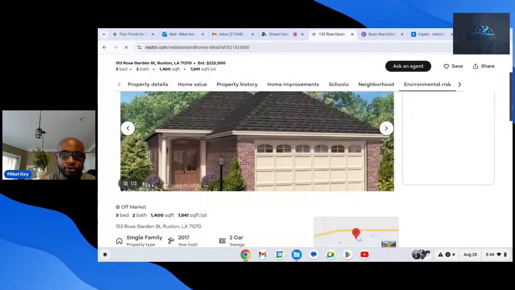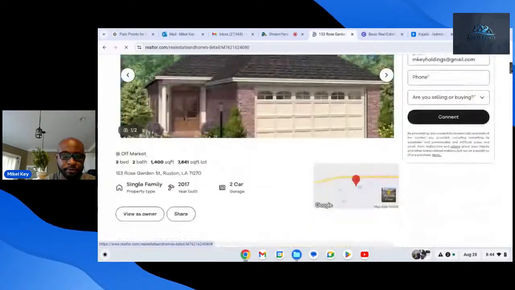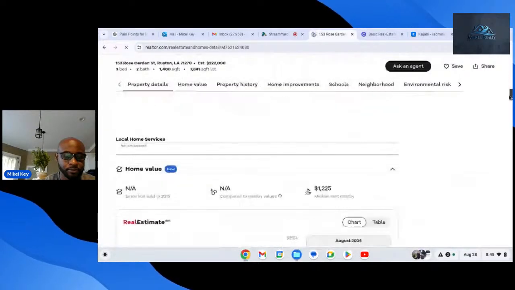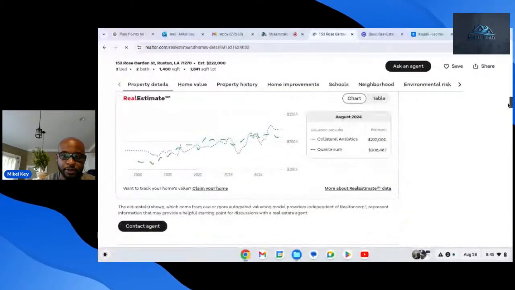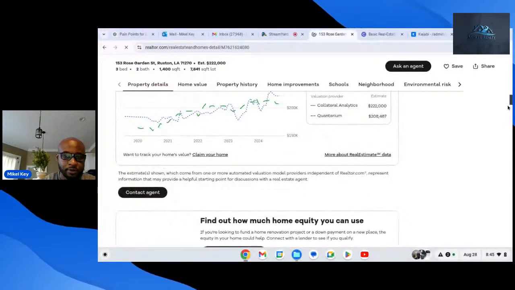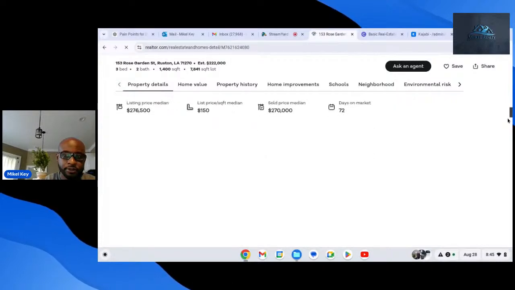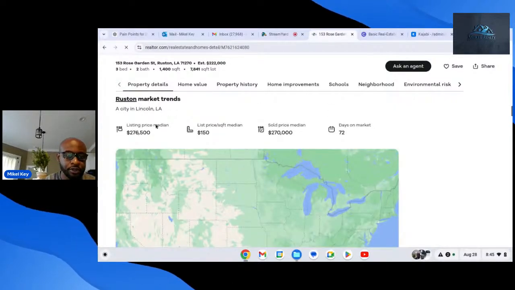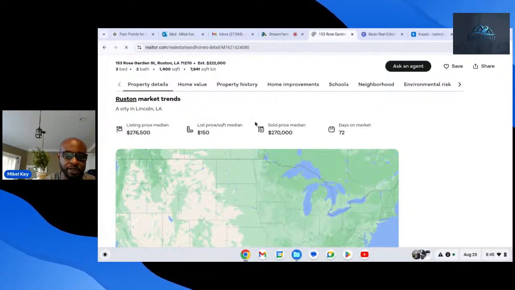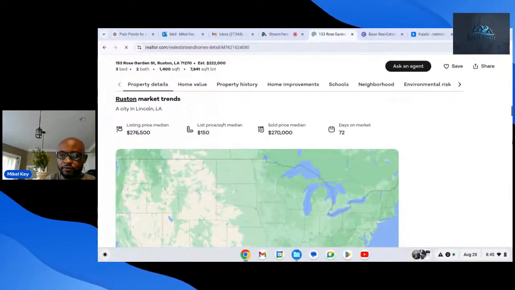Now let's go down. So in Ruston, if you go all the way down, it gives you the median listing price, $276,000. The median list price per square foot, which is the price per square foot I was talking about, is $150 a foot.